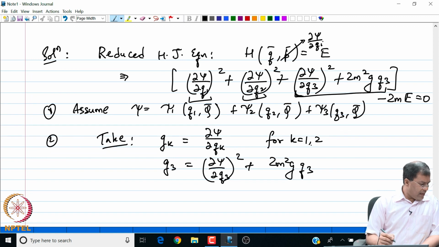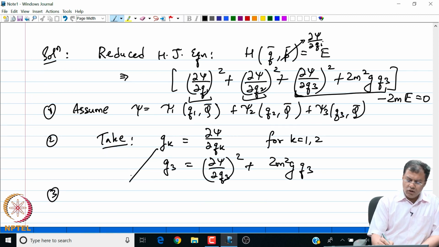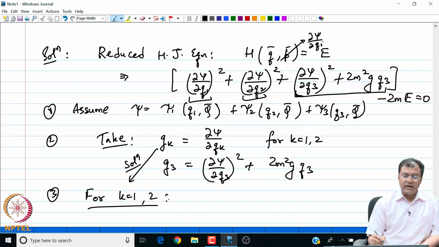Then the third stage involves the solution of these equations to find the psi k's. Note that for k equal to 1 and 2, the solution methodology is identical, and we see that del psi k del qk is equal to a constant ck.